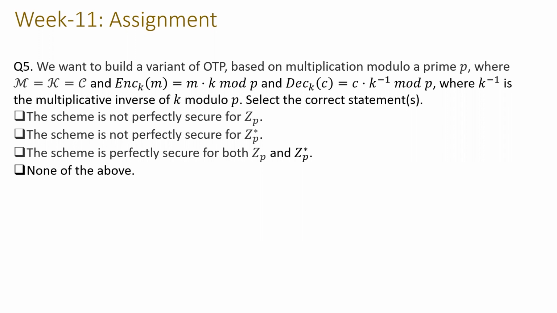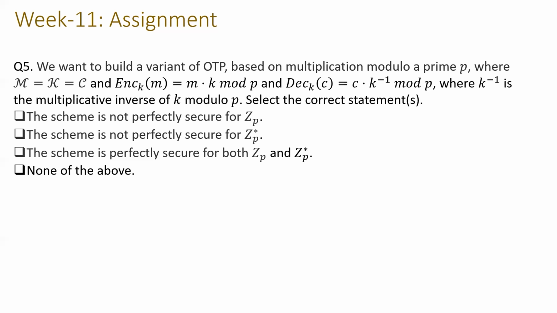Because P is a prime number, all the elements 1 to P minus 1 are indeed co-prime to P. So all of them are members of Z_P star, and all of them are invertible as well, because the condition for a group element being invertible is that it should be co-prime to the modulus P. So all the elements are invertible here, and this kind of encryption and decryption algorithm will work.